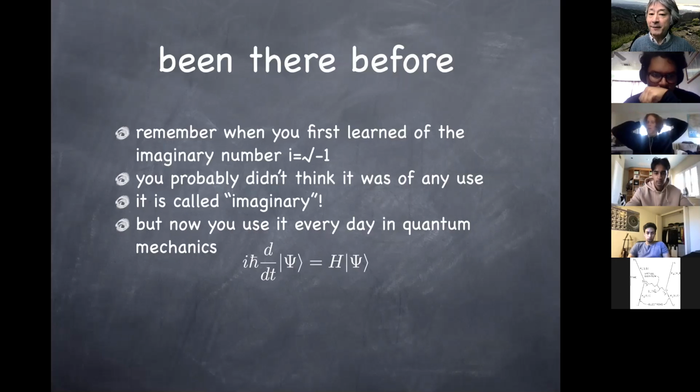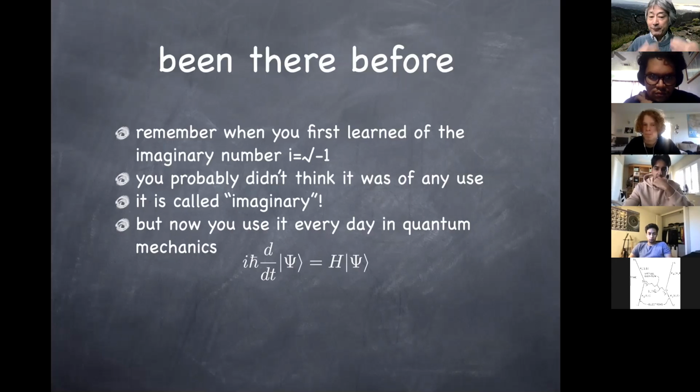Something you might have thought to be a purely mathematical artifact is something you need in order to describe what you actually measure in your laboratory. And I'm sure by now you have gotten used to this idea. We use these imaginary numbers, or complex numbers in general, to describe physics, which has to do with the real world. But if you think back at the days when you first studied this, I'm sure you didn't expect that.